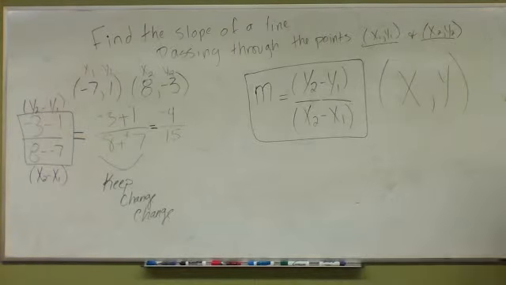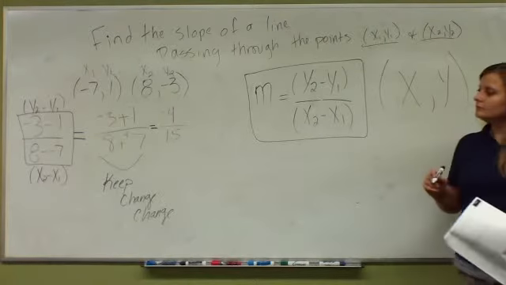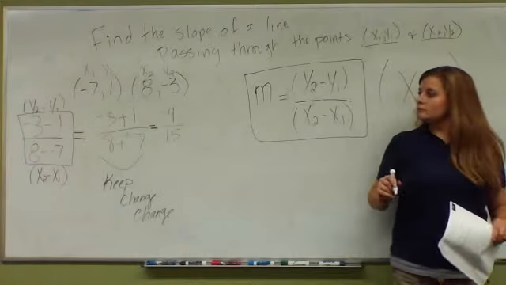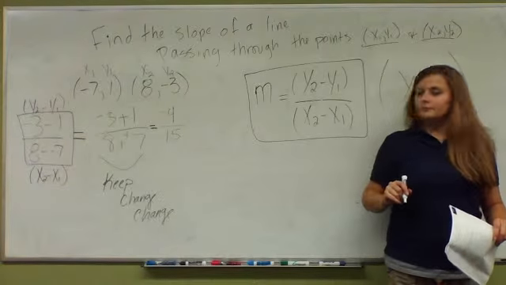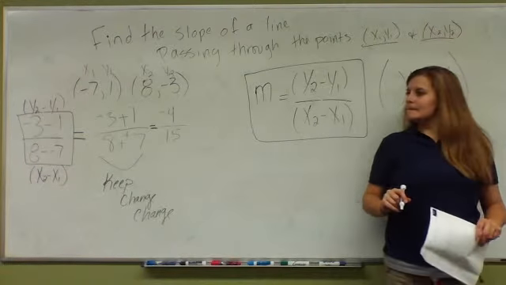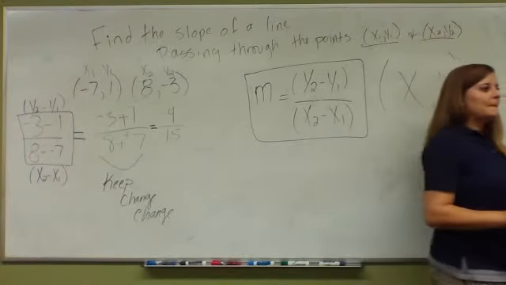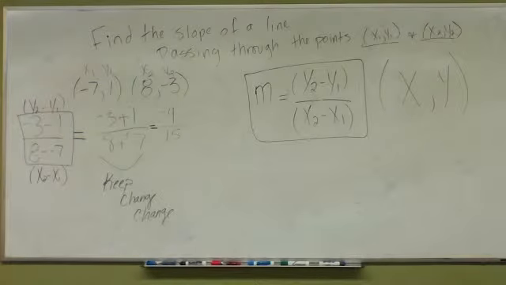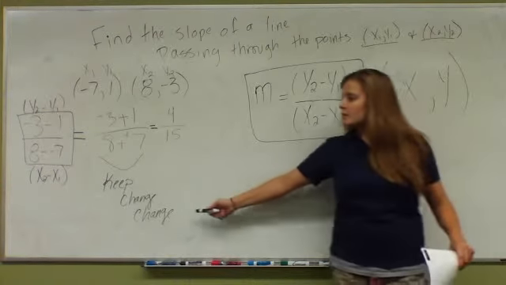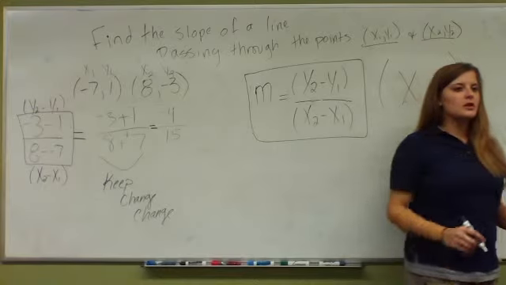That was originally 3 and 1, and 8, negative 7, x2, x1. And then that's when the flip came in. That's what we did, keep, change, change. That's all I wrote down here, just so we know what step that is.